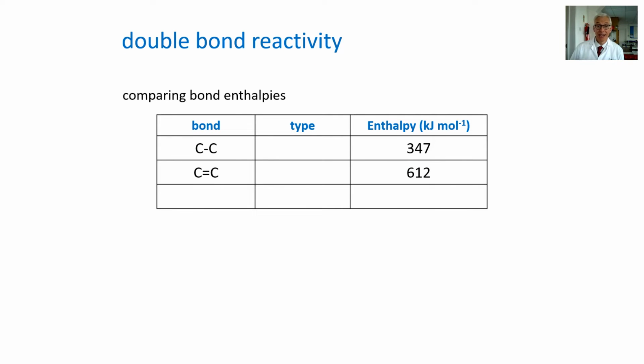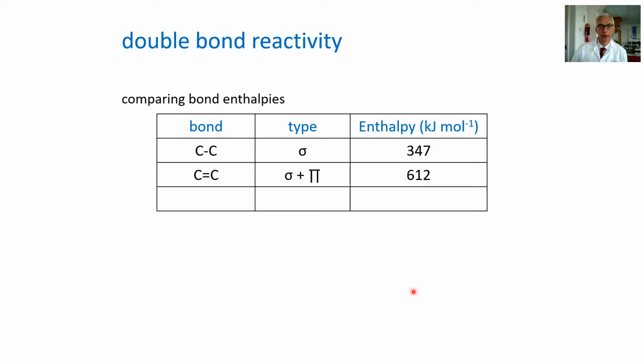So to explain or account for the reactivity of the carbon-carbon double bond, we need to consider the bond enthalpies for the carbon-carbon single bond, which is 347, and the bond enthalpy for the carbon-carbon double bond, 612.